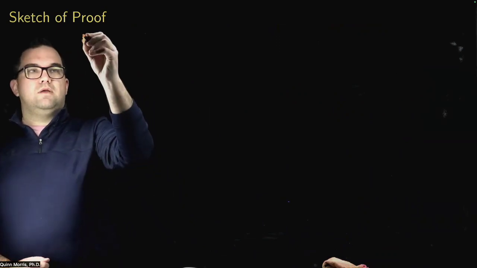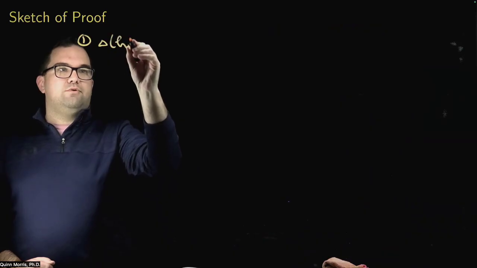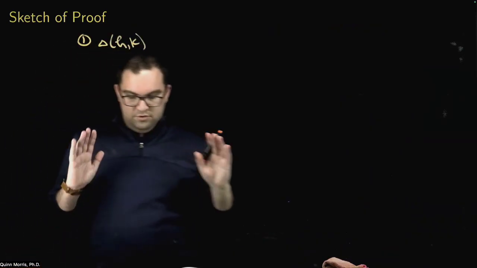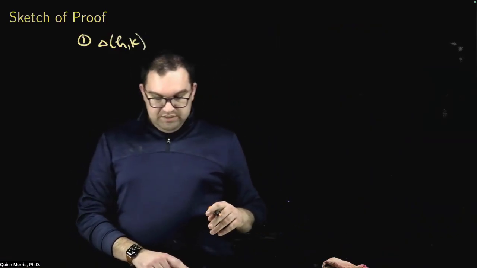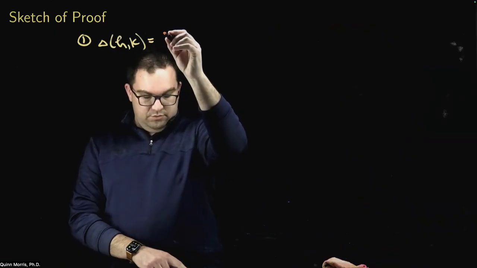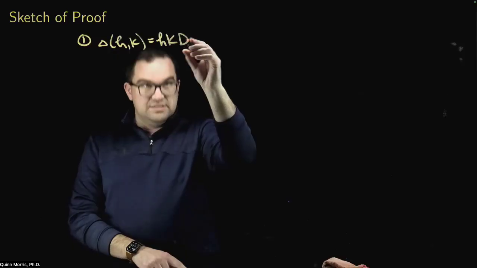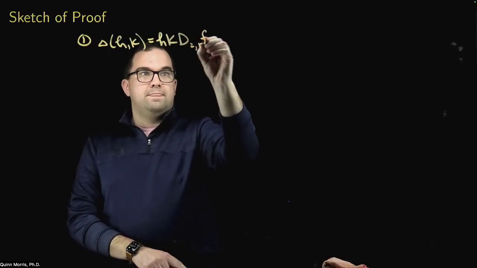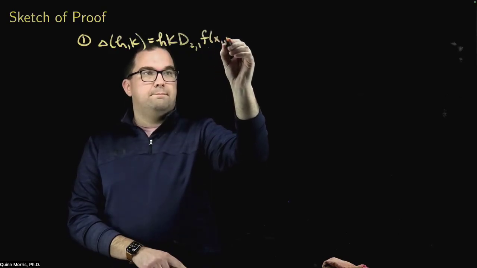The first thing you do is use that same delta H sub k expression, and just as we did before, you'll be able to show that delta HK is equal to H times K times D21 F of X1, Y1.